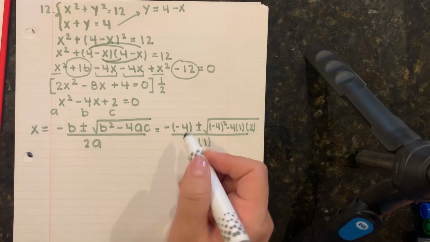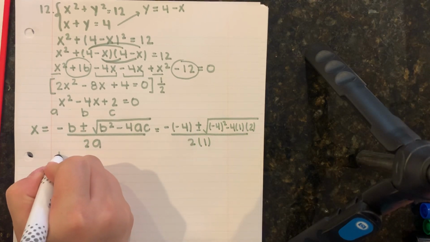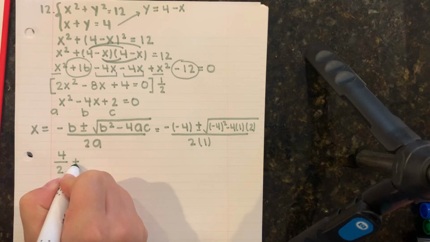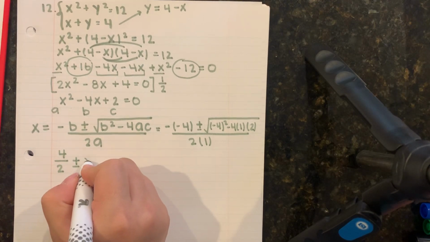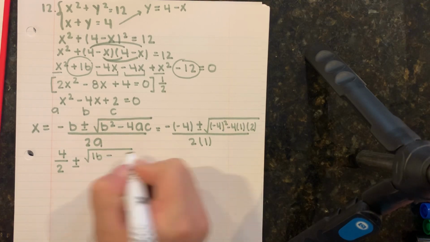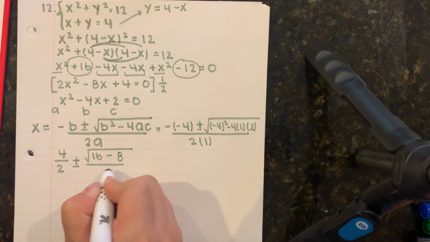Now when I distribute this negative sign, negative times negative would be a positive 4 over 2 times 1, which is 2. Plus or minus, inside my square root, 4 squared is 16, minus 4 times 2, which is 8, all over 2.